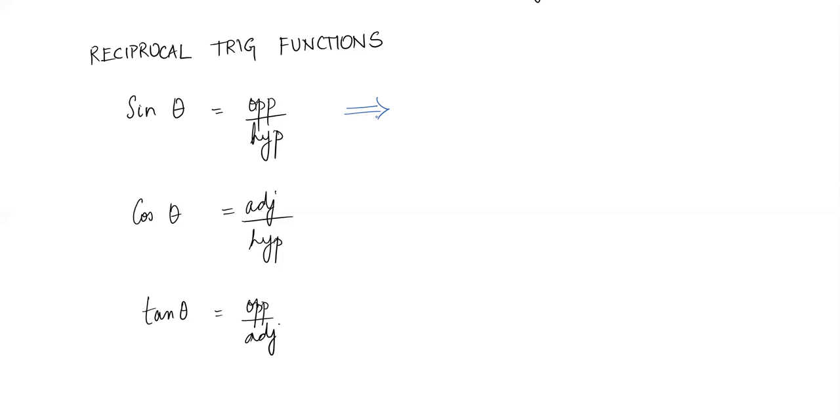So the reciprocal of sine is 1 over sine, and that has a new name: 1 over sine theta is cosecant theta. The shortcut for that is CSC theta.